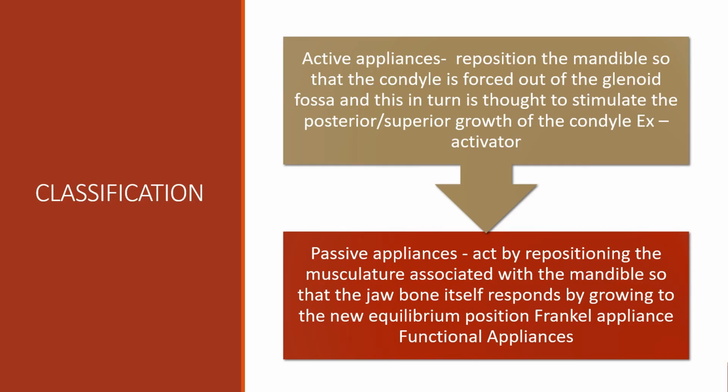Functional appliances are classified as active appliances, which reposition the mandible so that the condyle is forced out of the glenoid fossa, and this in turn is thought to stimulate the posterior superior growth of the condyle. And passive appliances. Passive appliances act by repositioning the musculature associated with the mandible so that the jawbone itself responds by growing to the new equilibrium position.